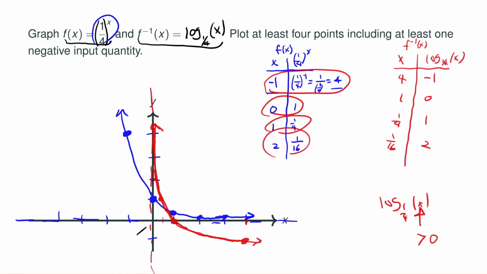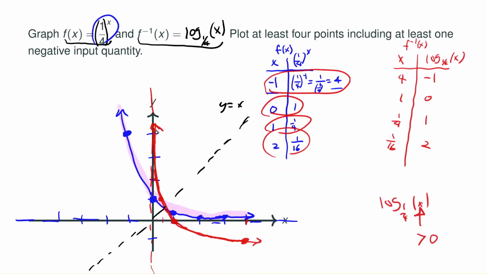So if I have the y equals x line right here, here's y equals x. If I reflect this blue graph, or rotate along the y equals x line, I get this red one, and vice versa. Right? So if I rotate 1/4 to the x power, you can imagine it like 3D, rotating along the y equals x line, and then we'll get this red line.